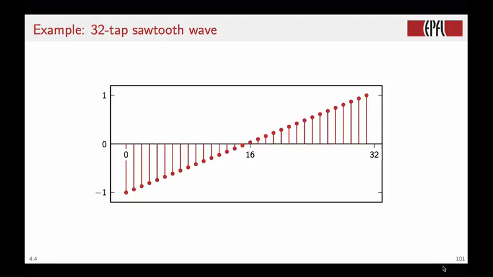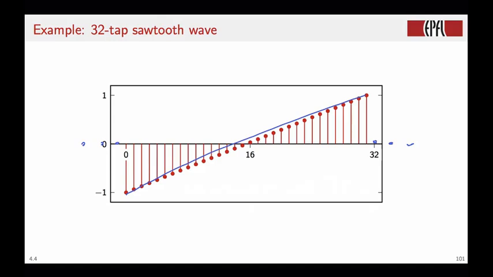Suppose, for instance, that our finite support signal looks like this, has a non-zero support of 32 points, and over the support it looks like a straight line, and it's 0 everywhere else. So if we use this as an input to the Karplus-Strong algorithm, we will get a periodic repetition of this shape, which overall will look like a sawtooth wave.